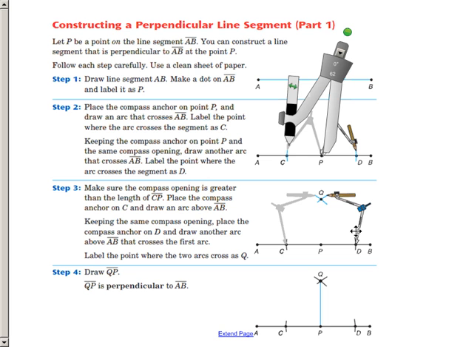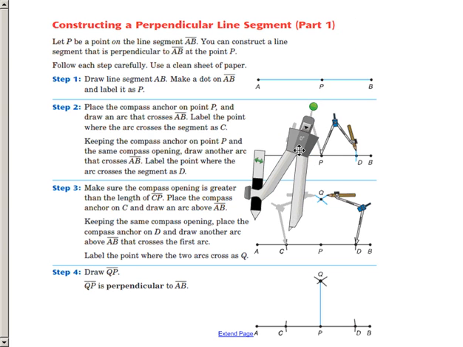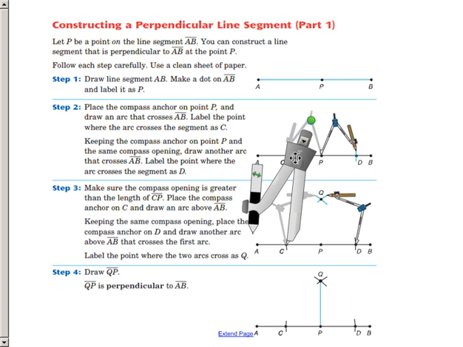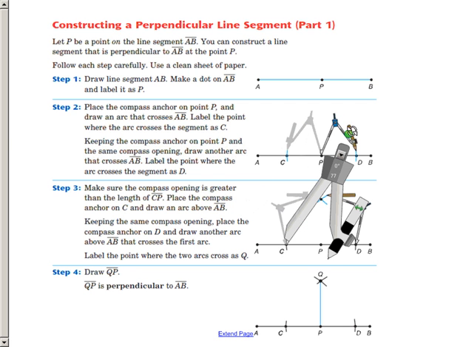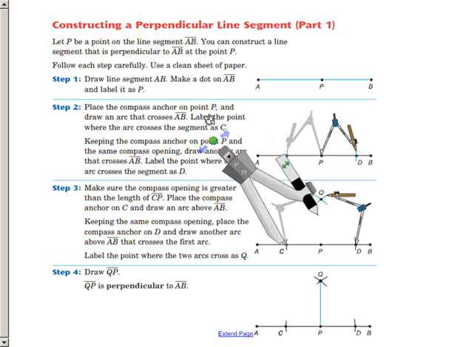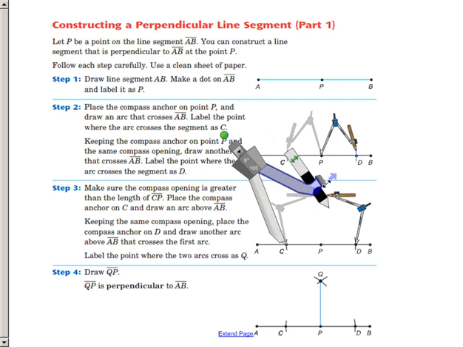And then it tells me that I'm going to make sure that the compass opening is greater than the length of CP. Okay, I'm going to put my anchor on C. All right. And I want to open it probably a little more. Okay. And this over, I'm going to be able to make my anchor here.